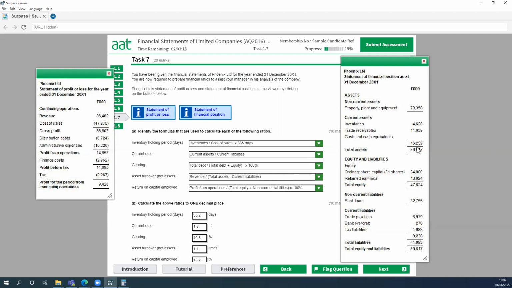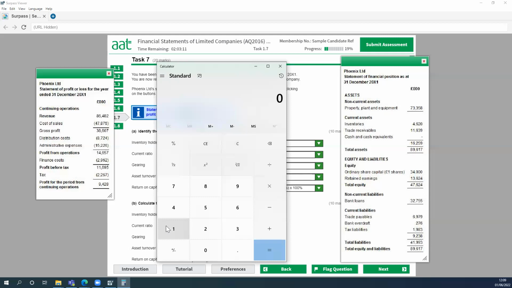Your current assets in this one are 16,259, divided by the current liabilities, 9,238, which is 1.76. So round it to 1 decimal place. That's a 6, so 5 or above, we round it up. 4 and below, we'd leave it at 1.7.